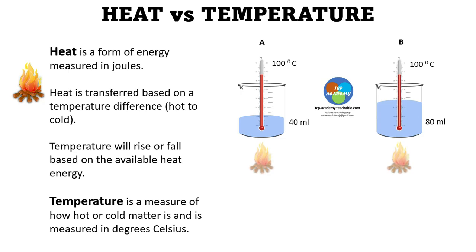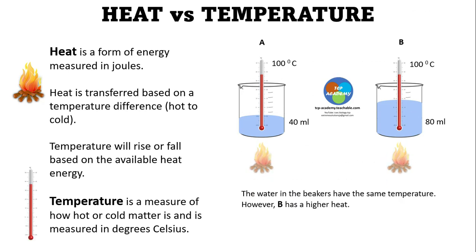However, both beakers are at the same temperature. So the water in the beakers is at 100 degrees Celsius, 100 degrees Celsius. However, the heat energy within the water is different. One might say, how? Let us look at that.